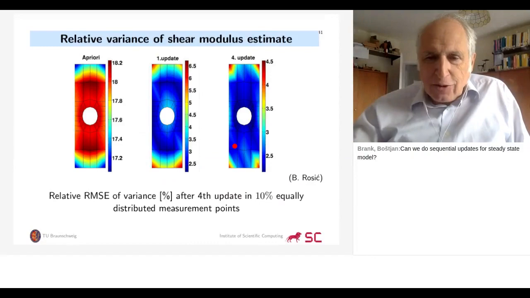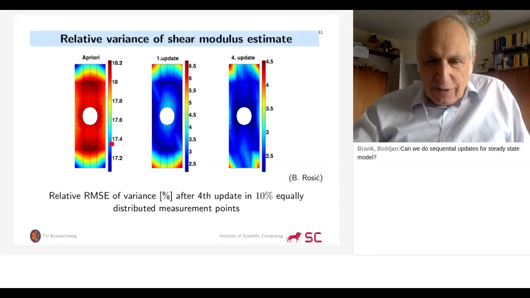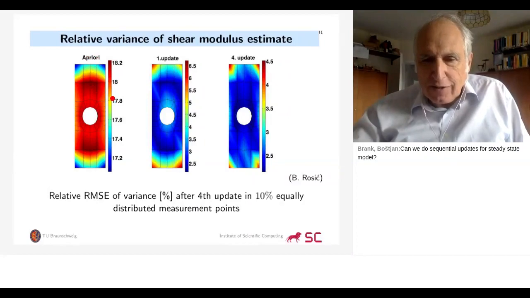Okay, good. And now you see, now the shear modulus is a field, a random field, which we want to update. So this is the error now shown on the finite element model, in percent. So there's 18% error somewhere here. After the first update, you can see this shrinks down to somewhere in the 3% range.